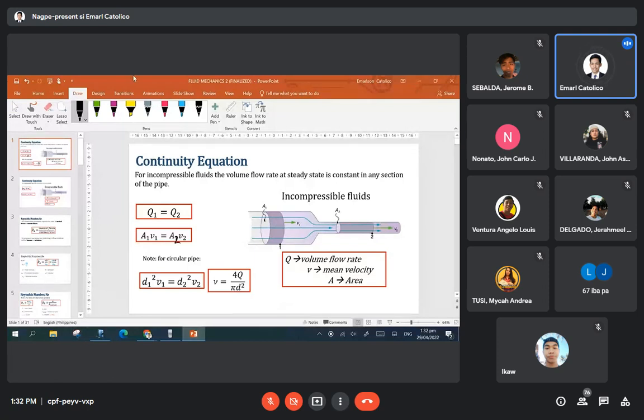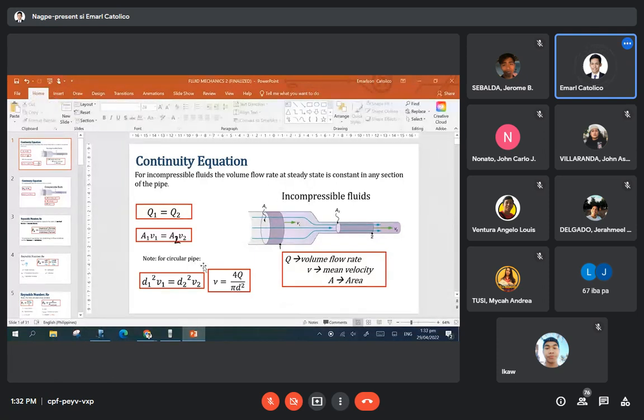Okay? So for circular pipe, yung area pwede mong i-rewrite as pi over 4 d1 squared v1 is equals to pi over 4 d2 squared v2. Or yung pi over 4, makakancel lang siya, no? So ang magiging formula natin is d1 squared v1 is equals to d2 squared v2. Where yung ating velocity is 4q over pi d squared pa rin.